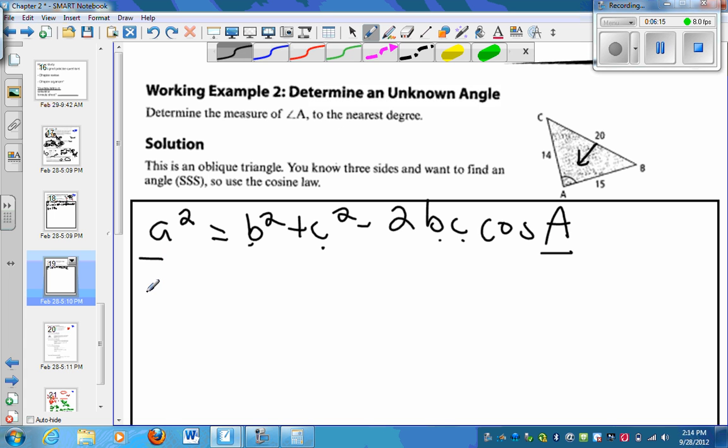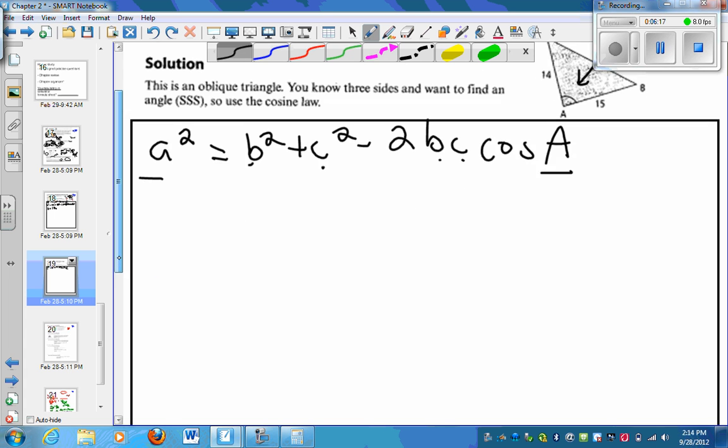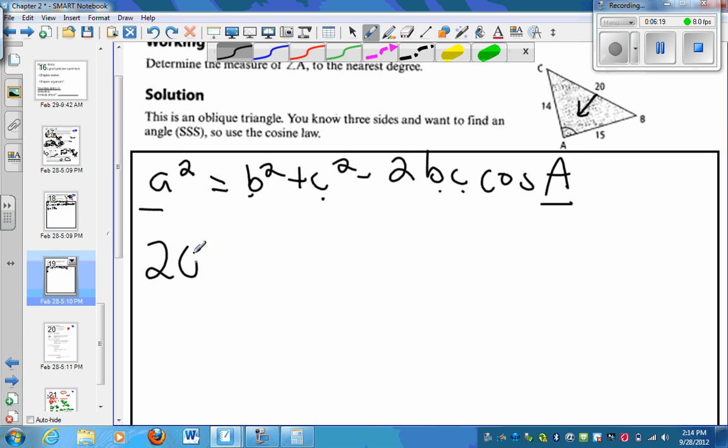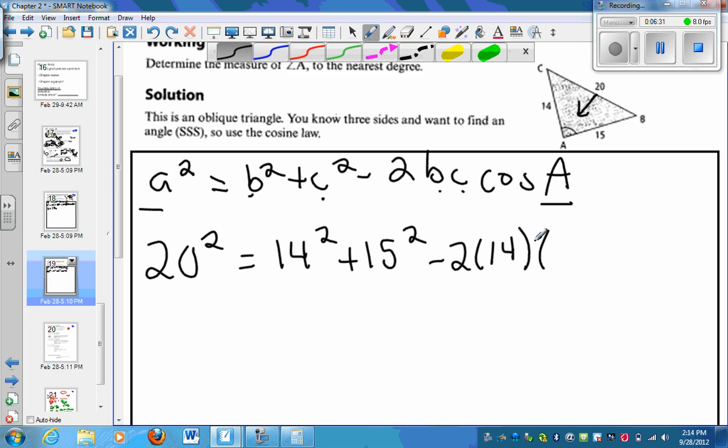Okay, I'm going to fill in what I know. I have 20 squared is equal to b squared, across from b is 14, so 14 squared plus 15 squared minus 2 times 14 times 15 cos A.